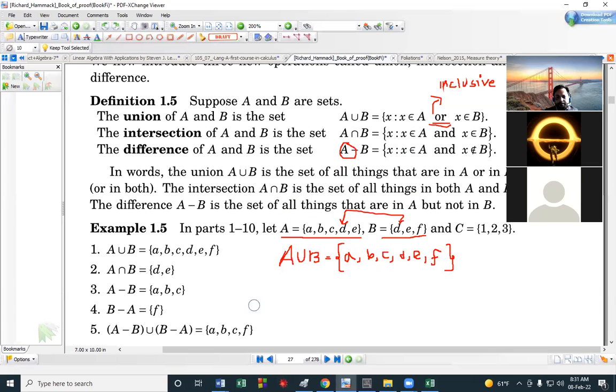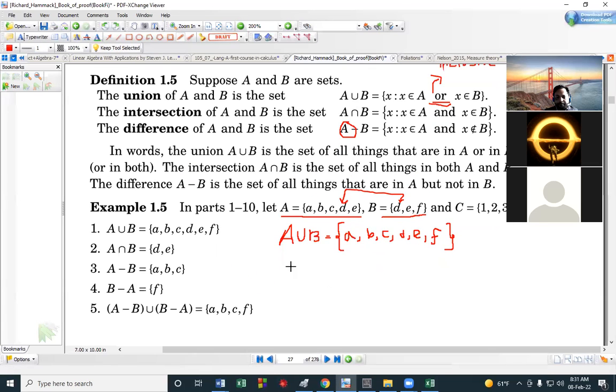How about A intersection B? It is the set of all those elements that are common elements of A and B. So an element X, which is at the same time in A and in B. So what are the elements? A is in A, it is not in B. So it is not a common element. So it doesn't go here. Similarly, B and C are elements of the set A only.